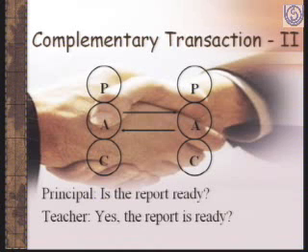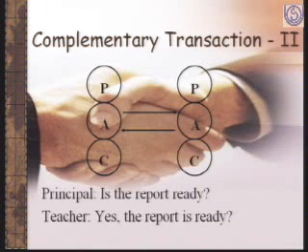So this is the second slide showing again complementary transaction 2. The principal: Is the report ready? The teacher: Yes, the report is ready. The principal might have given some work to the teacher to prepare a report. So now the principal is enquiring.